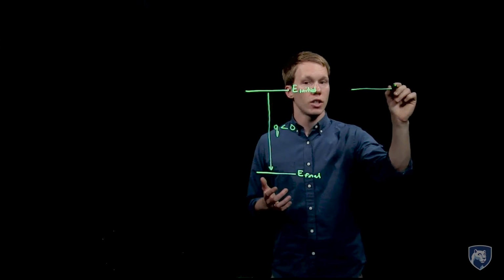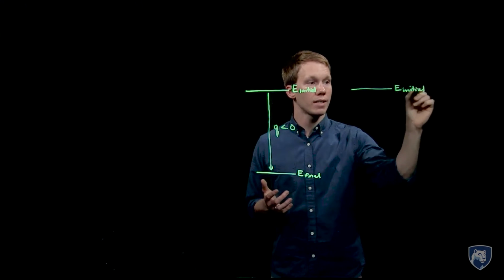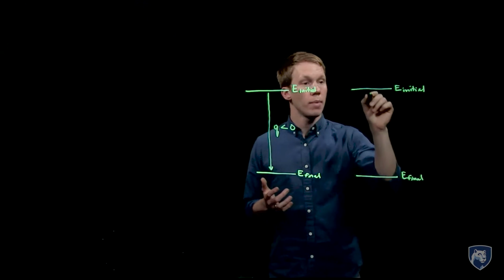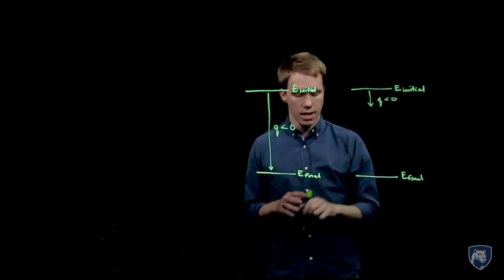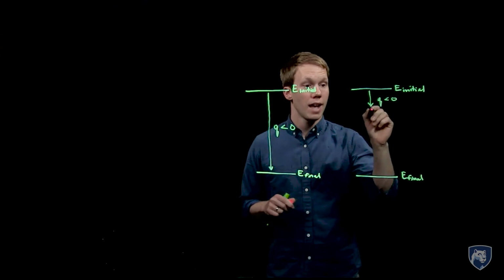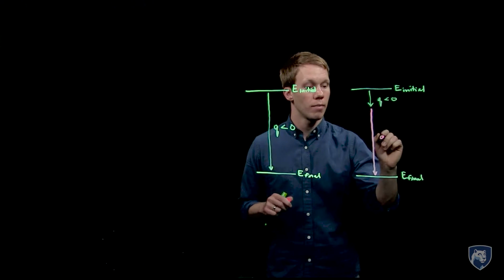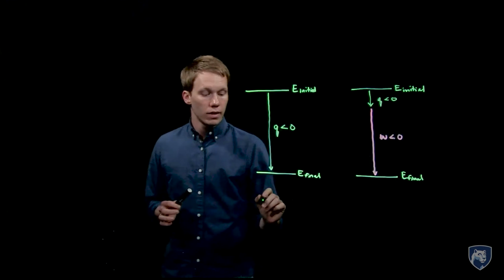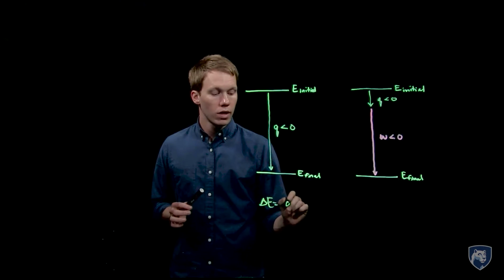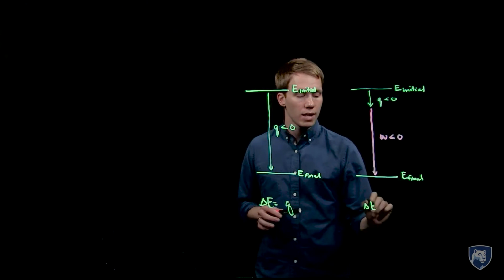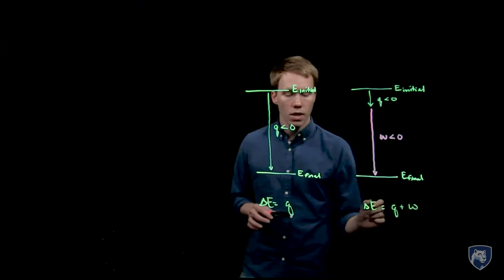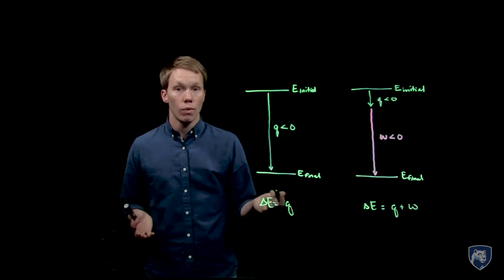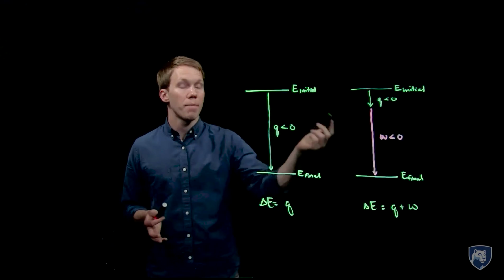Let's say we change our conditions and we're still undergoing the same energy difference, but only some of that energy is lost as heat, while the remainder is lost as work done by the system. So you can see that here delta E is equal to Q, and here delta E is equal to Q plus W, but in both cases we've gone the same delta E. So delta E will be the same regardless of the path that it took to get there.